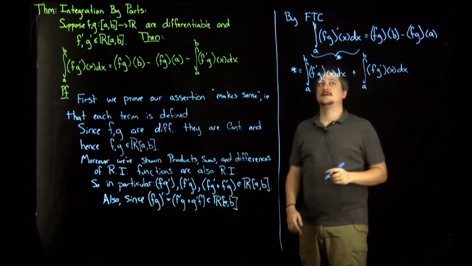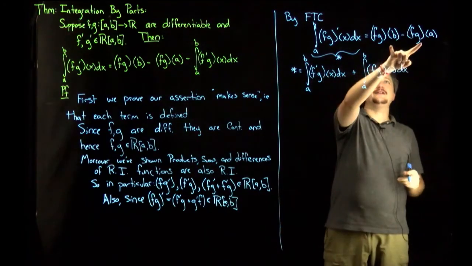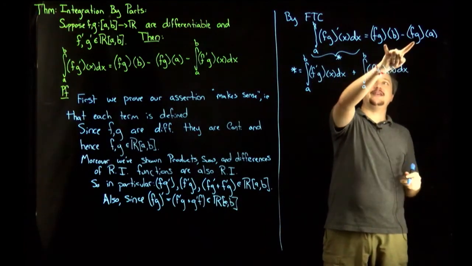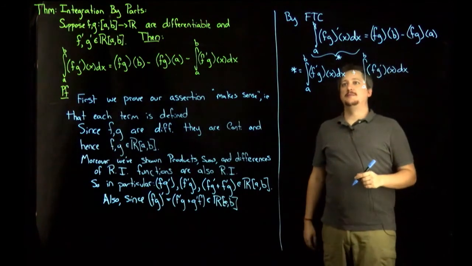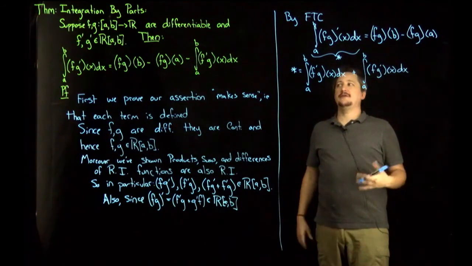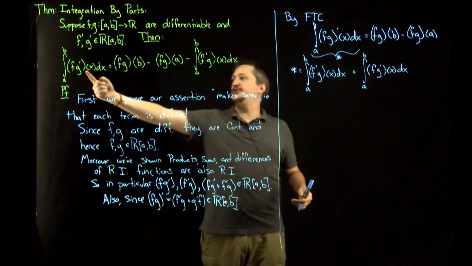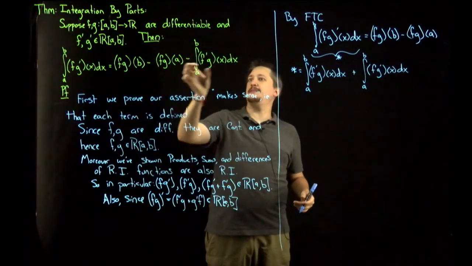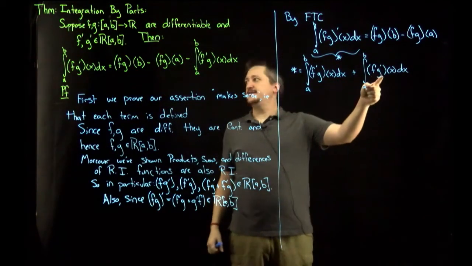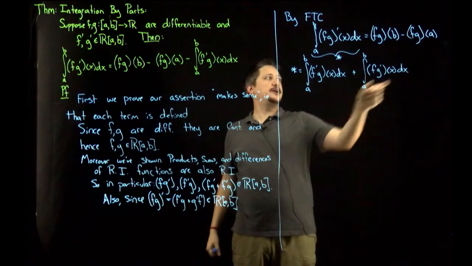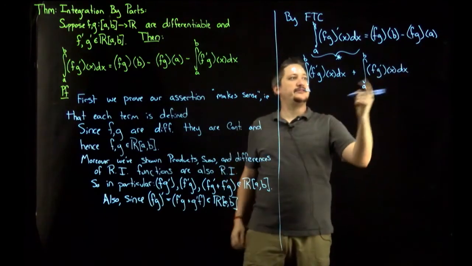Right? So I have this thing equals that equals that. But now I'm basically where I want to be, right? My goal was to show that I could write f g prime equals this minus that. So if I just take this piece and subtract it over, I'm going to have this thing.